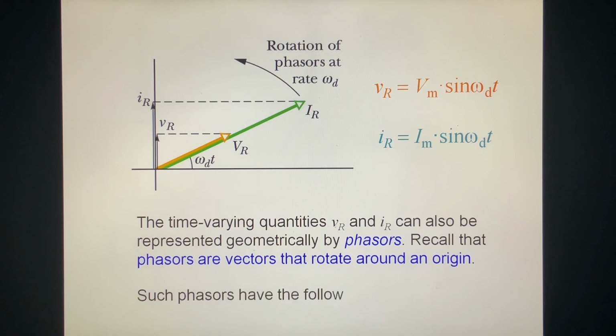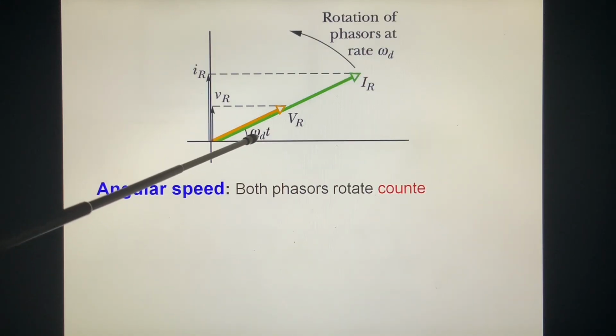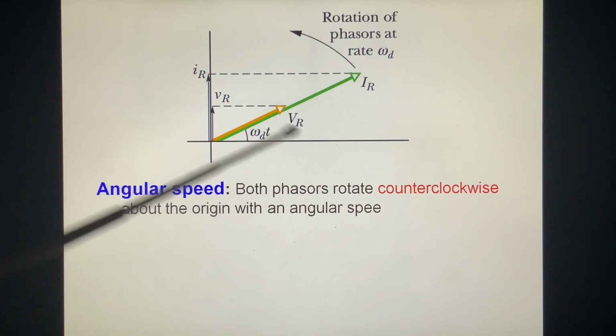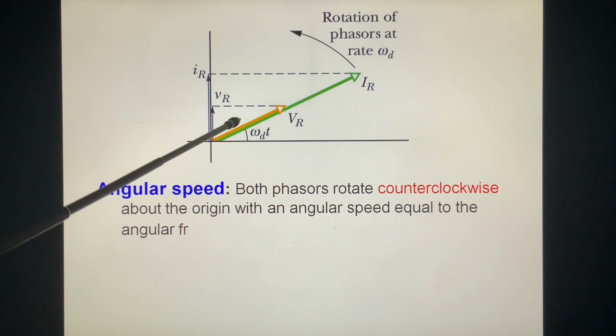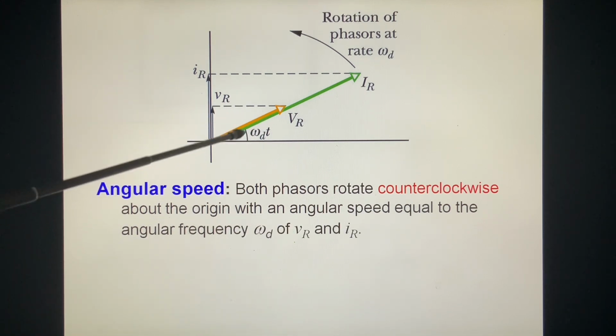Such phasors have the following properties. First, angular speed: both phasors rotate counterclockwise about the origin with an angular speed equal to the angular frequency omega d.